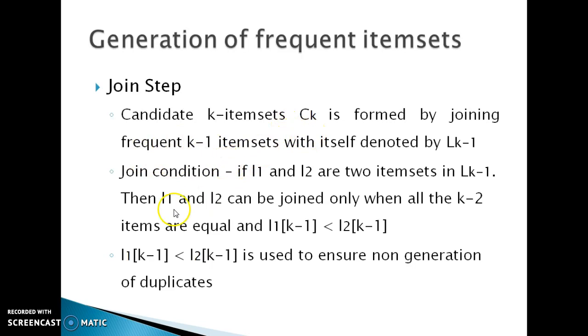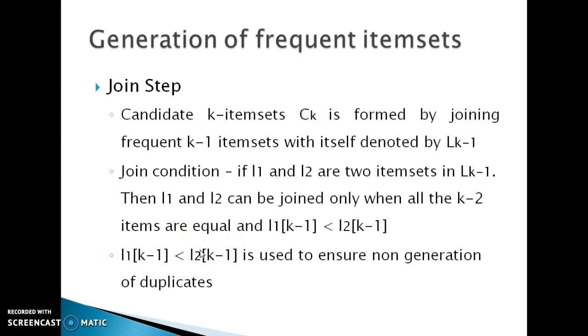And the join condition says that we can join 2 item sets in L K minus 1 only when the 2 item sets differ in the last position and in all the previous positions they are equal.